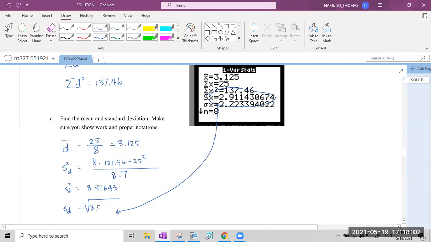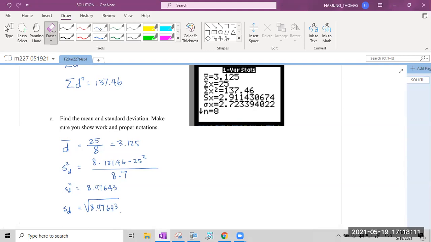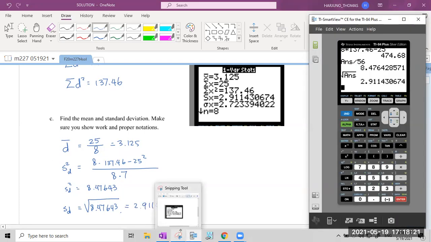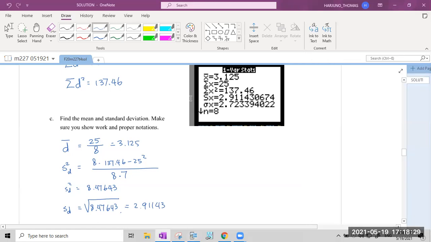The reason I still show the work is that I want to make sure I get it right. The result is the same, take a look: 2.91143. Now I can get rid of this.